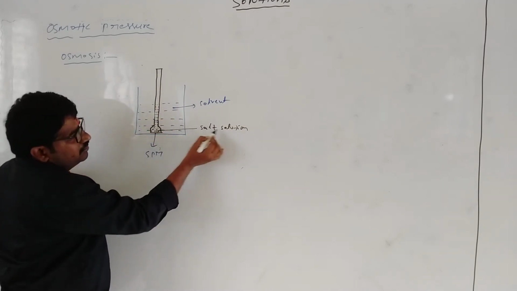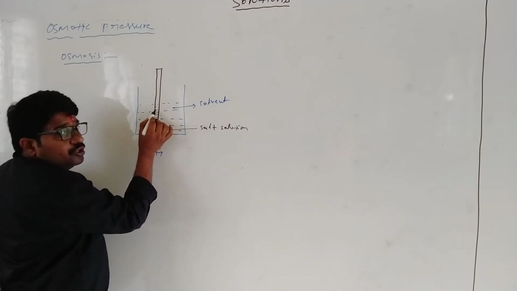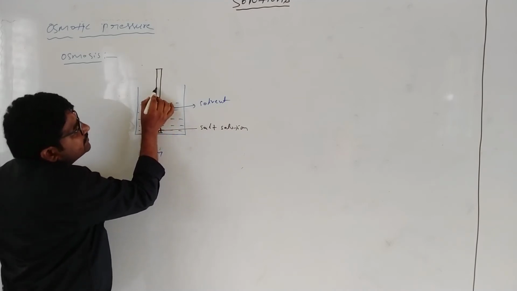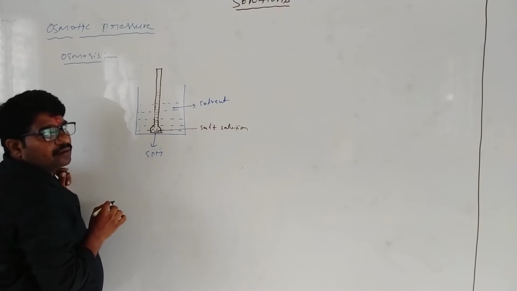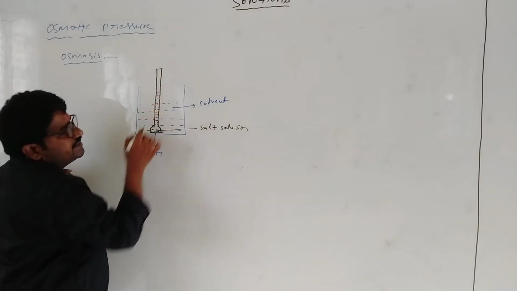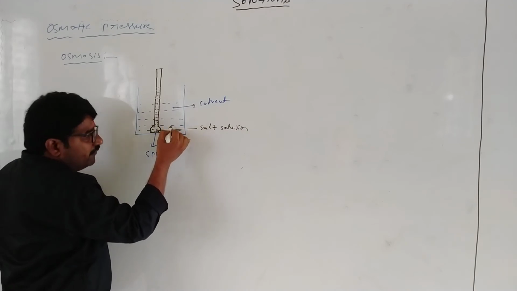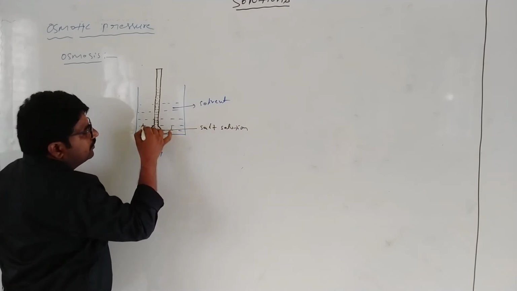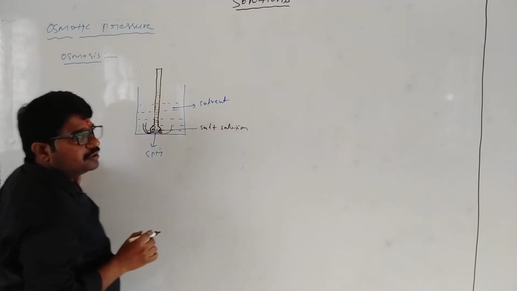In the salt solution, the number of solution particles increases. Here the height of the solution increases. Why does the height of the solution increase? Because the solvent flows from the pure solvent to the solution through the semi-permeable membrane.